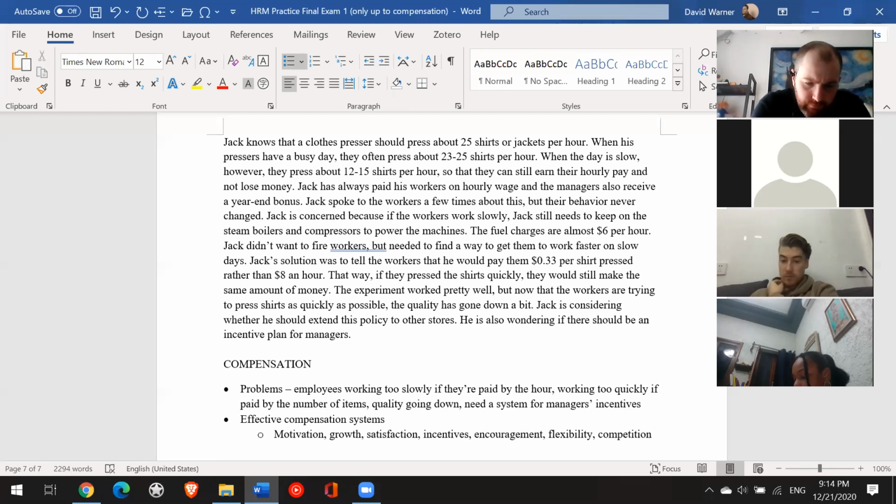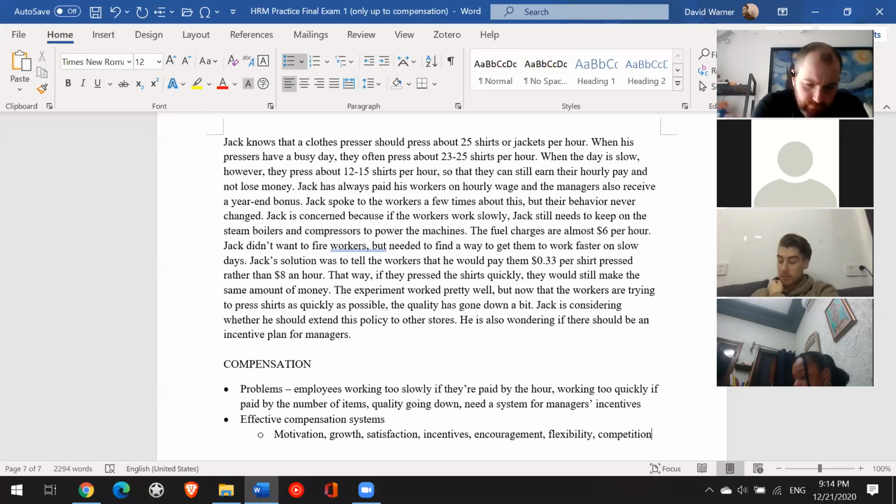Those are some of the things that Jack's not thinking about. Only in the most basic way is he thinking about motivation: I want to motivate the workers to work as fast as possible without sacrificing quality. But he's not thinking about motivating them as people.